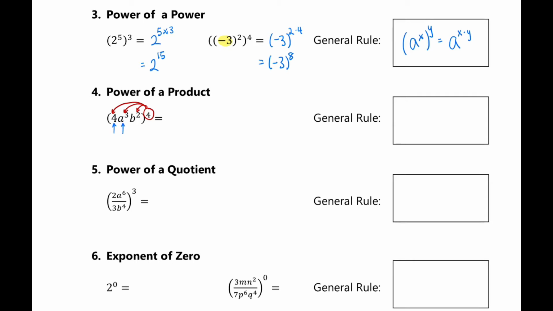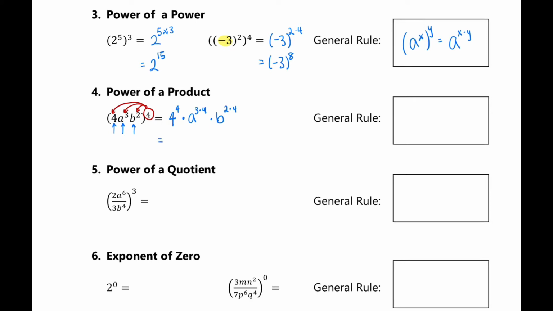We have the first variable a and the second variable b. So we can say it's 4 to the power of 4 times a to the power of 3 to the power of 4, which you multiply because that's a power of a power, times b to the power of 2 times 4.